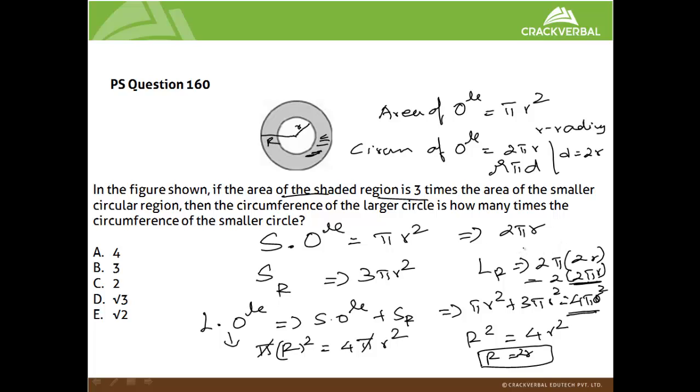So the larger circle circumference is 2 times the circumference of the smaller circle. The answer is C, 2 times. Hope this is clear.